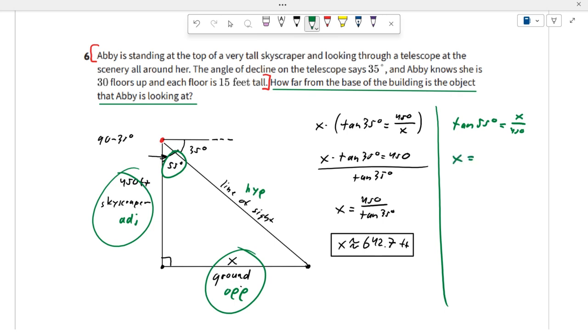And now, to get x by itself, I just multiply everything by 450. So x is 450 times the tangent of 55. And if you type that in, you will get the same 642.7 that we got using our other method. So either method's fine. Use whichever one you want. No matter what you get 642.7 feet.